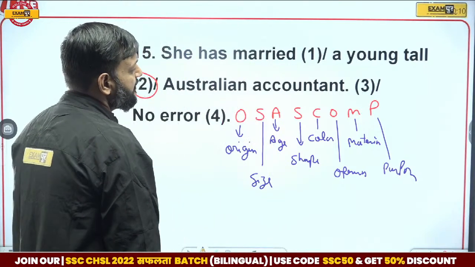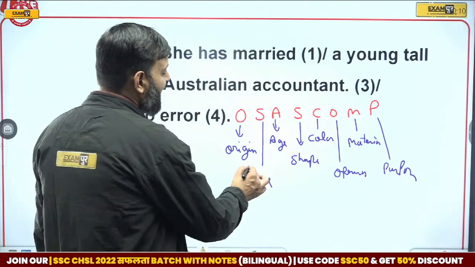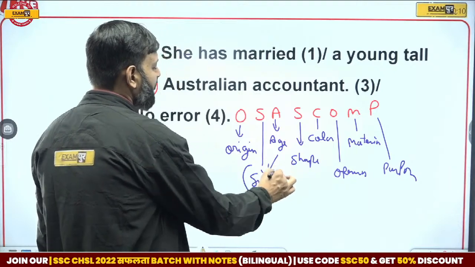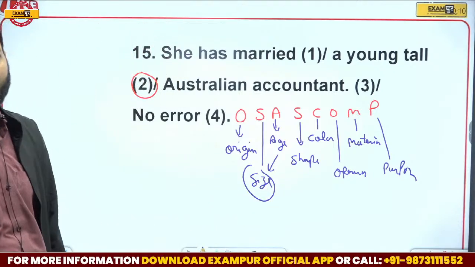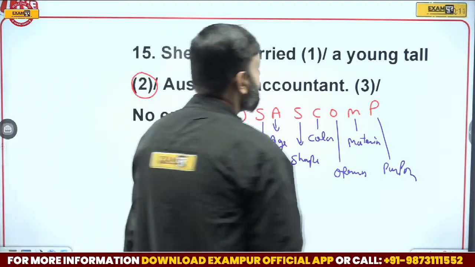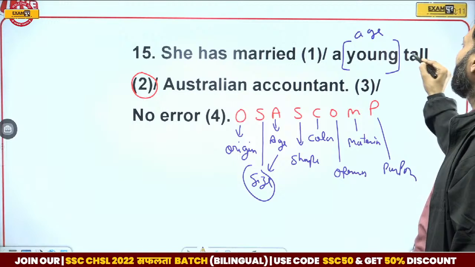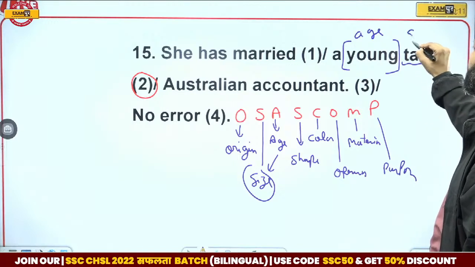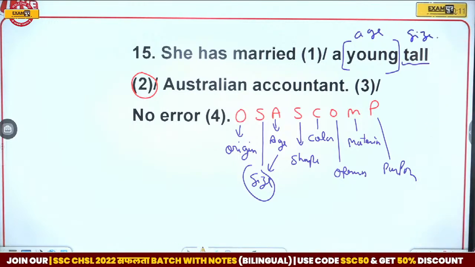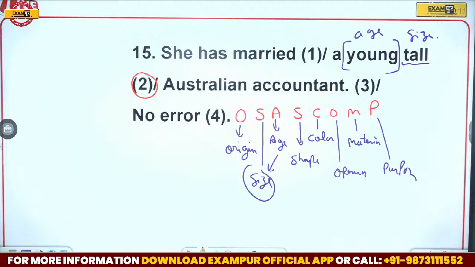Now in this sentence, as you can see, size should come before age. Now the word young denotes age, whereas the word tall denotes size.